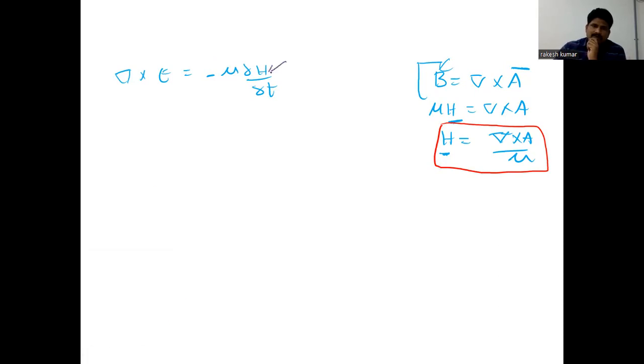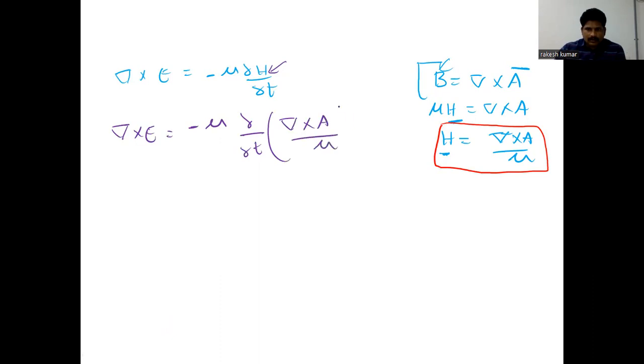In the place of H, simply substitute that. So del cross E is equal to minus mu into dou by dou t of del cross A by mu, and the mu may get cancelled. Therefore del cross E is equal to minus dou by dou t of del cross A.